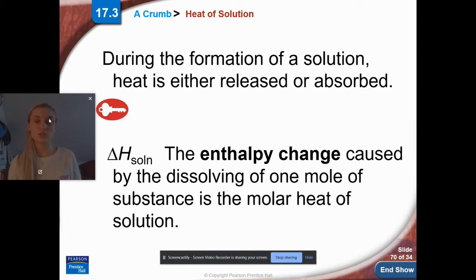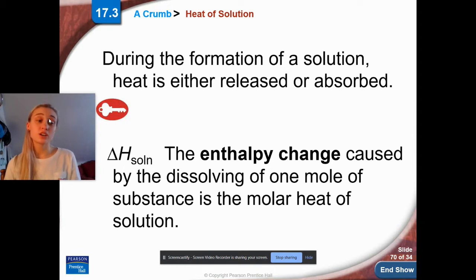So during the formation of a solution, heat is either released or absorbed. The delta H for solution, called the enthalpy change caused by the dissolving of 1 mole of a substance, is the molar heat of solution. So basically the molar heat of solution is just when you dissolve 1 mole of something into the solvent.